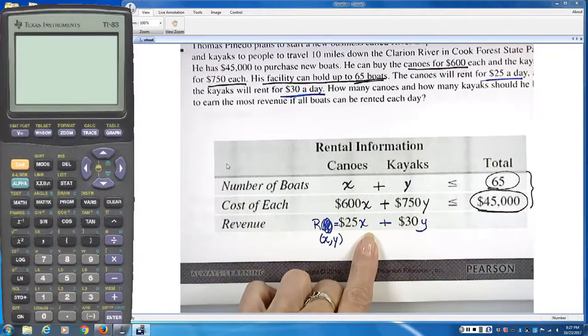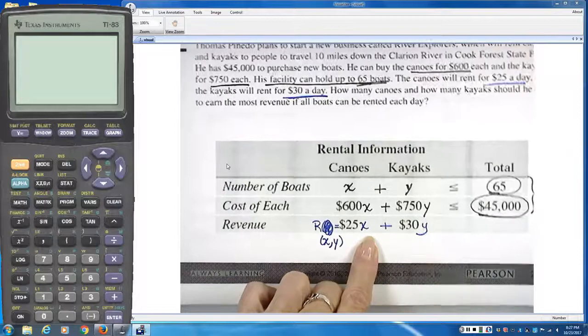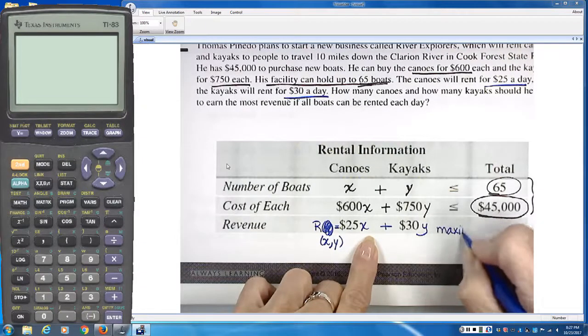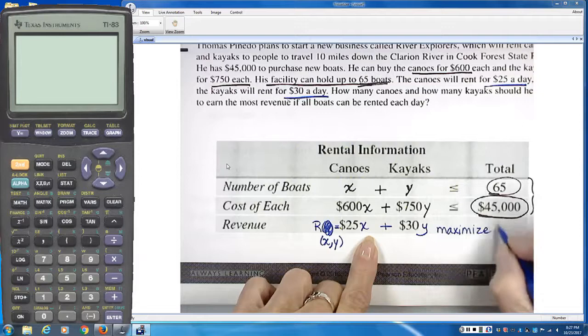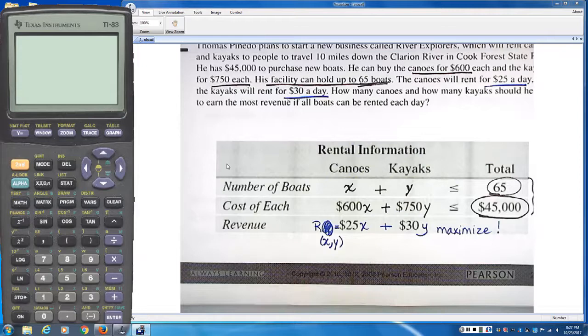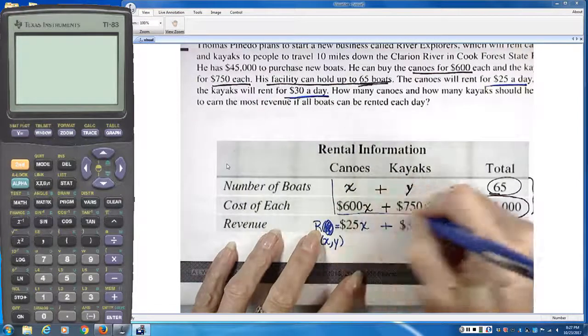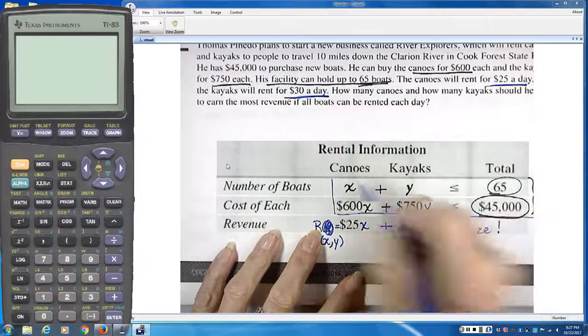What do you suppose he wants to do with his revenue equation? He wants to maximize his revenue. He wants to make the most money he can. Okay? So this is what we're going to look at graphing.